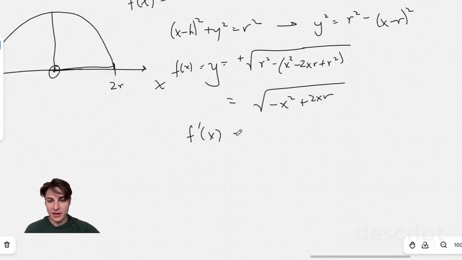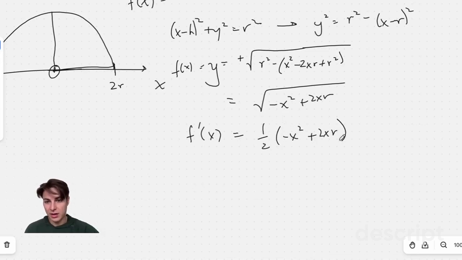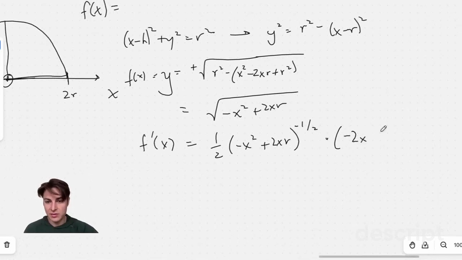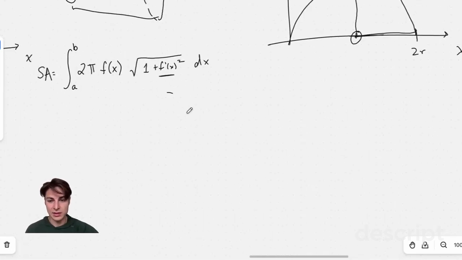But this is what we are going to put into f of x. And okay, f prime of x, we have 1/2 of (negative x squared plus 2xr) to the negative 1/2 times the derivative of the inside, negative 2x plus 2r. Boom. And so let's plug that into what we have.